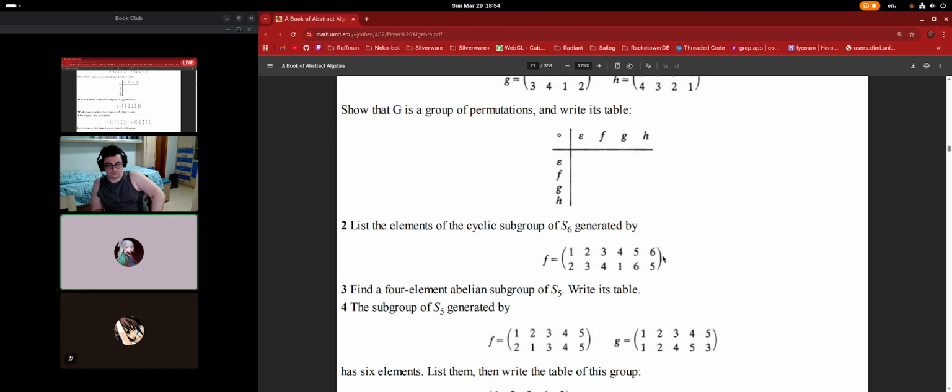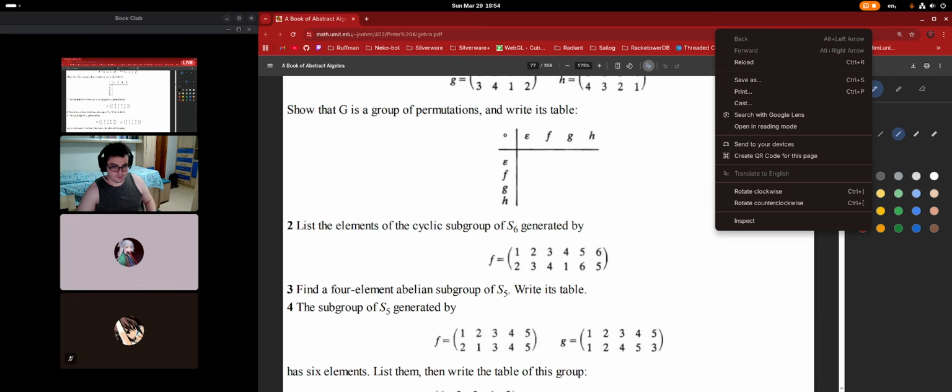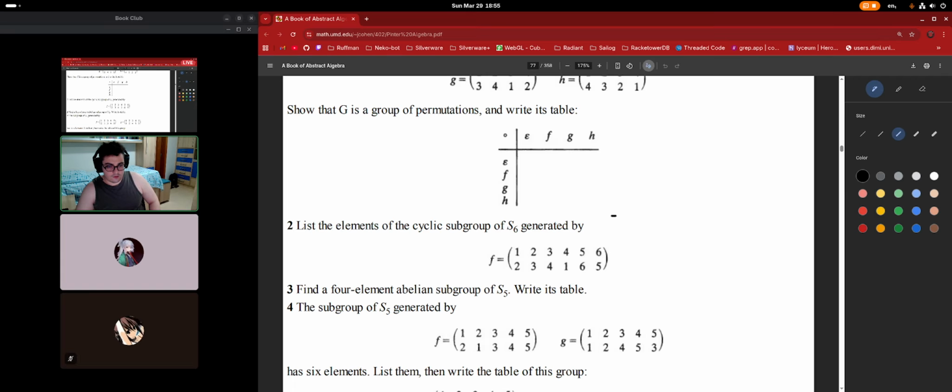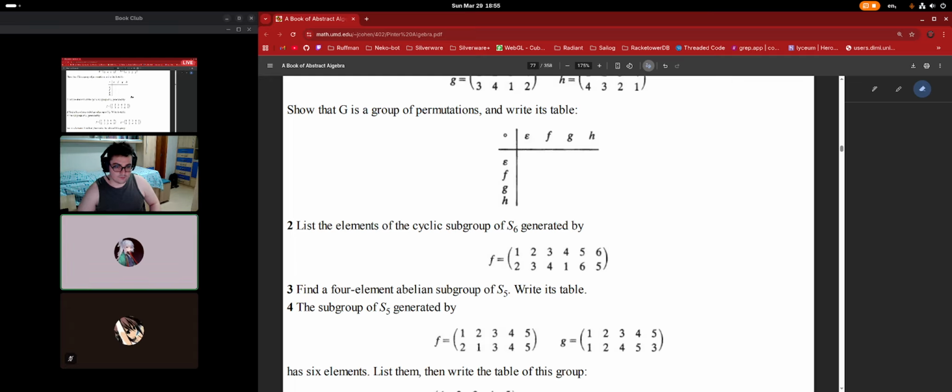Let's write this down. I think it's going to be educational. Let's do that actually. Okay, so don't bother writing the top row because it's always going to be 1, 2, 3, 4, 5, 6.